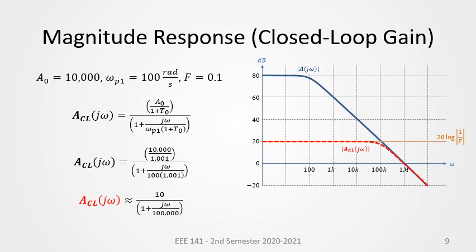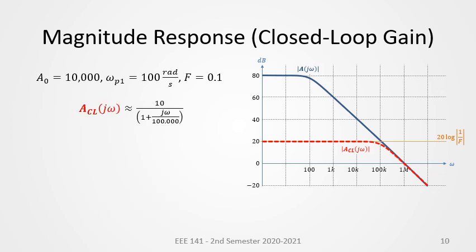Plotting that should give us the red line shown, where the DC gain of 10 corresponds again to 20 dB, and the 20 dB per decade roll-off starts at the closed loop pole or bandwidth, which is roughly 100,000 radians per second.